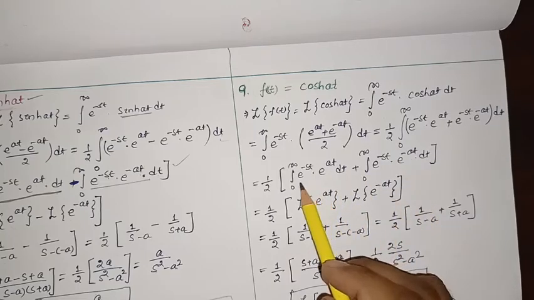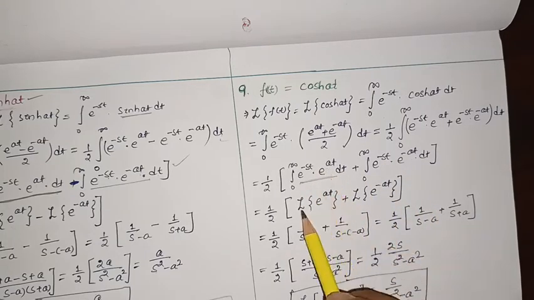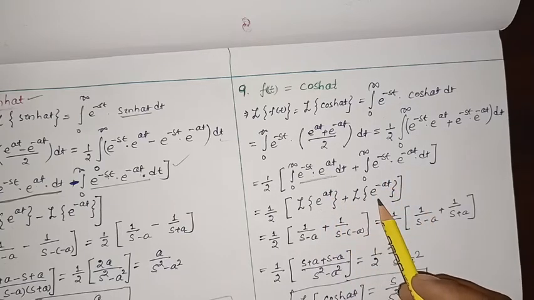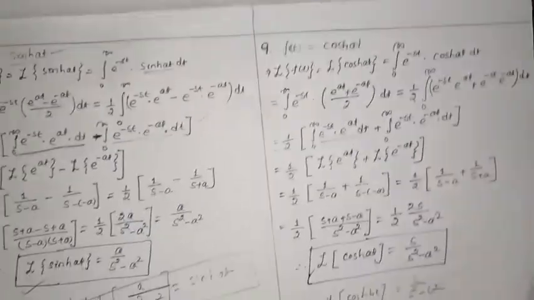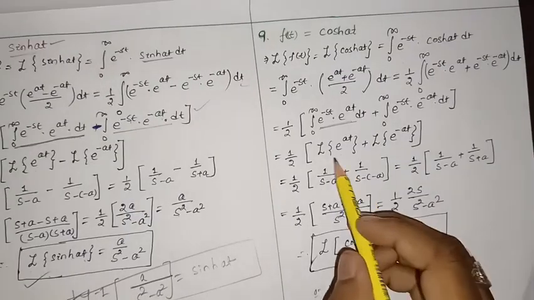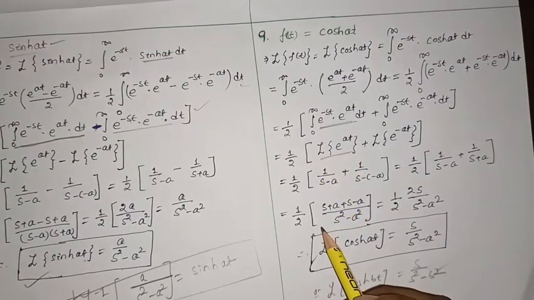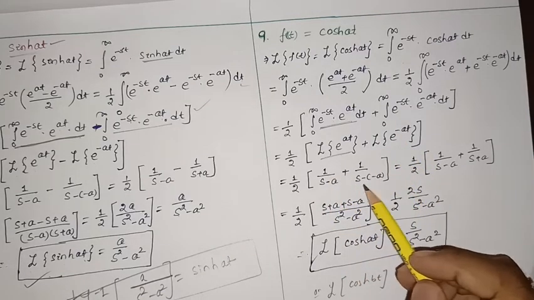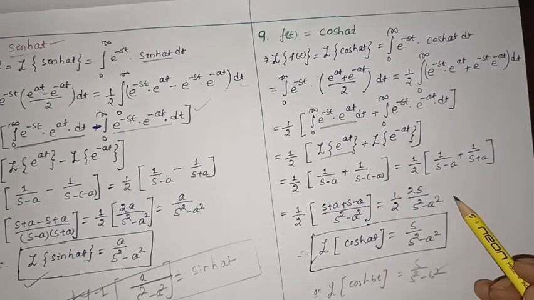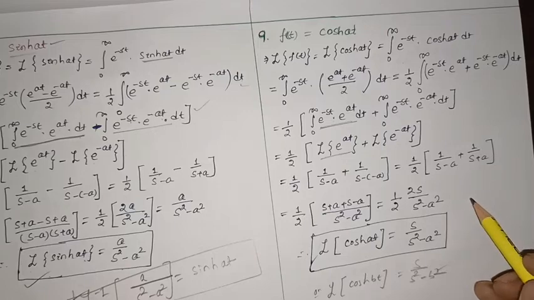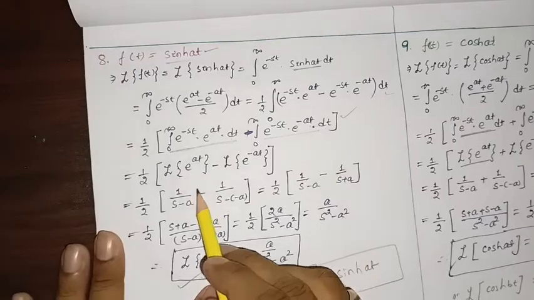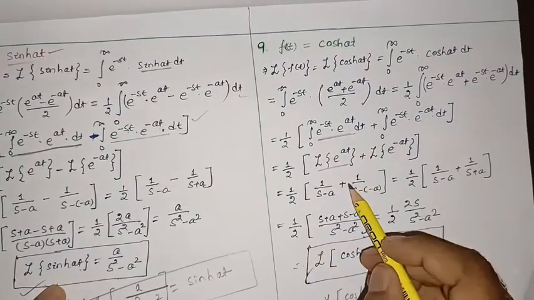So e to the at is there, meaning Laplace transform of e to the at. This will be Laplace transform of e to the minus at, right? So Laplace transform will be equal to 1 by s minus a plus this will be 1 by s minus of minus a, right? So what will be the difference? Only difference is here minus and here it is plus.